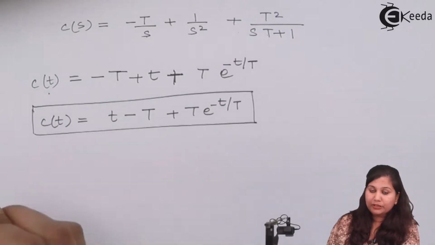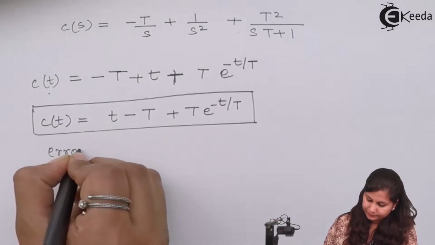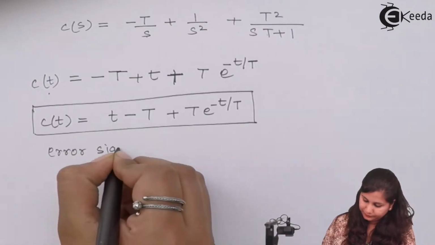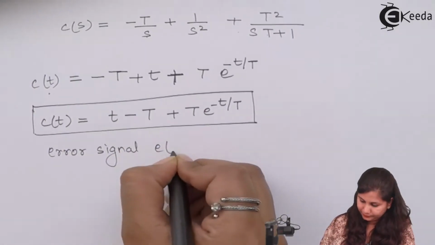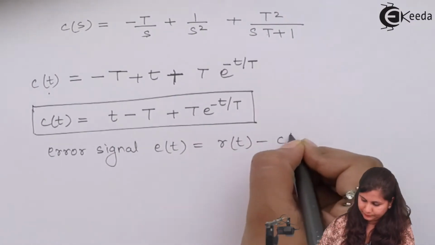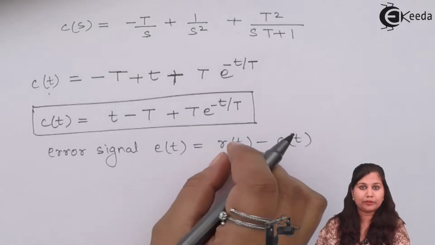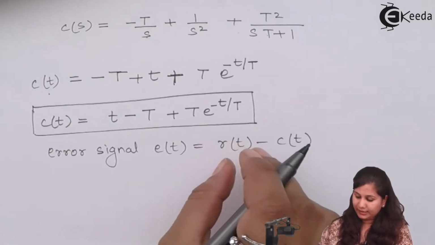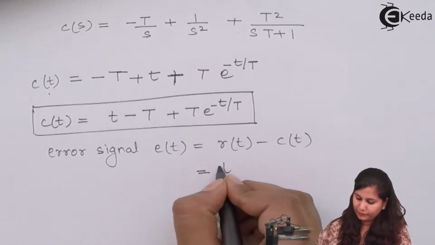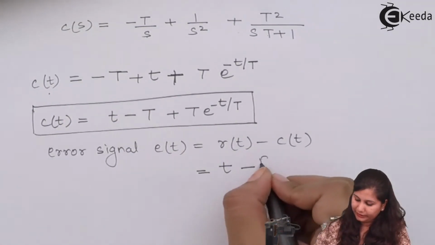Now the next step will be to calculate the error signal. So the error signal is r(t) minus c(t). r(t) is the input signal, which is t for the unit ramp, and c(t) we have already calculated here.